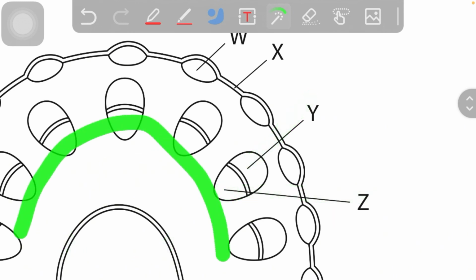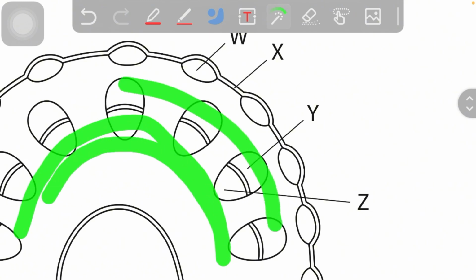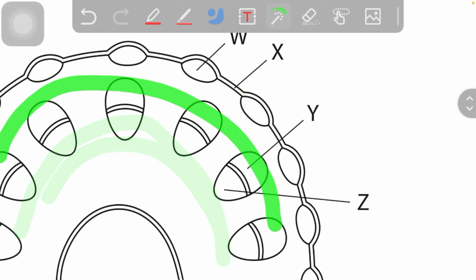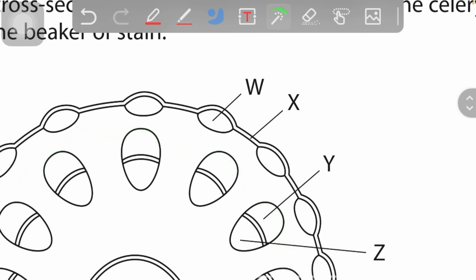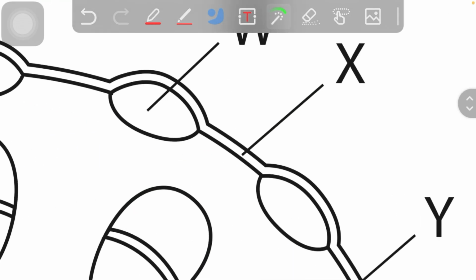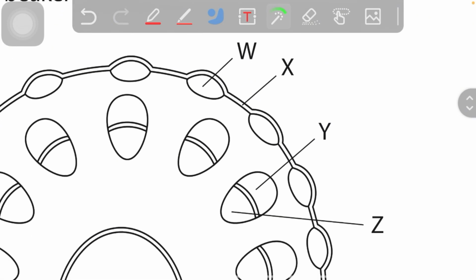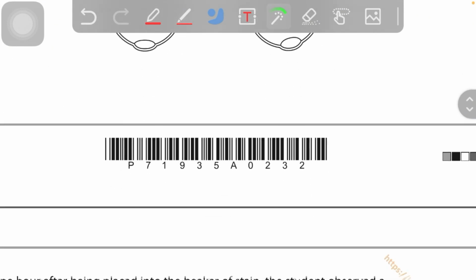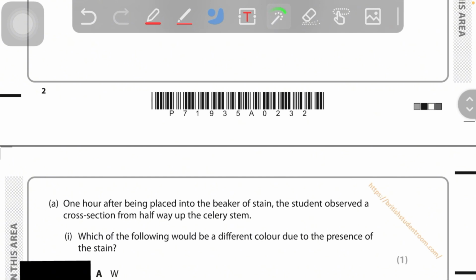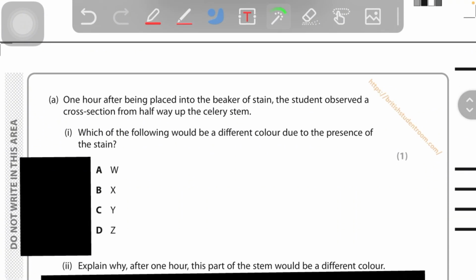So the bottom one is xylem and the upper one is phloem. Okay, and X is the epidermis and W is parenchyma. Okay, so let's move on to the question.